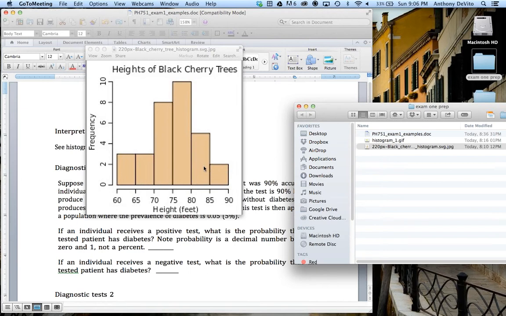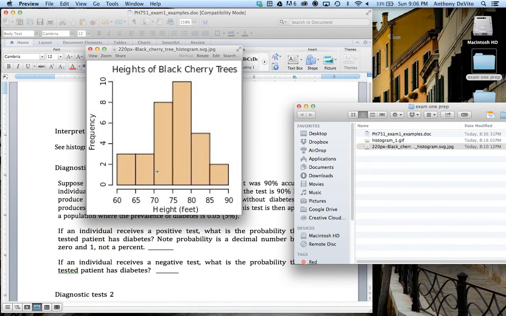7 over 31. If I asked you to find the median height for cherry trees, where would that be likely to be? Well, we know the median is going to be the middle value. Since there's 31 cherry trees in this sample, the median value is going to be the 16th cherry tree, the middle height.